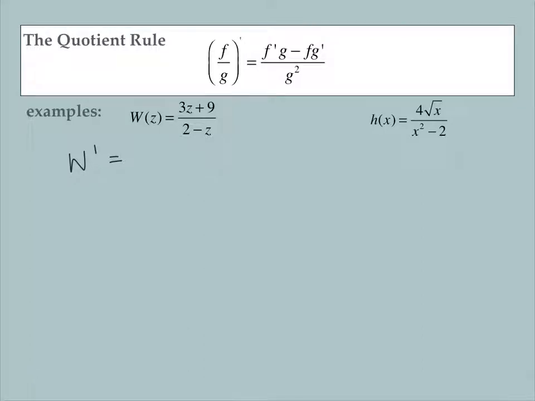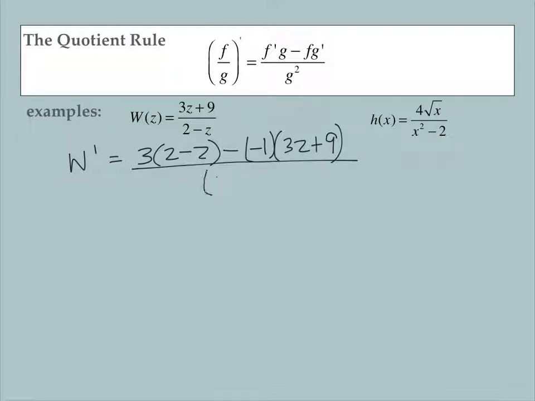What's the derivative of the top? 3, times the bottom, which is 2 minus z, minus the derivative of the bottom. What's the derivative of the bottom there? Negative 1, times the top, which is 3z plus 9, all over the bottom squared. So (2 - z) squared.